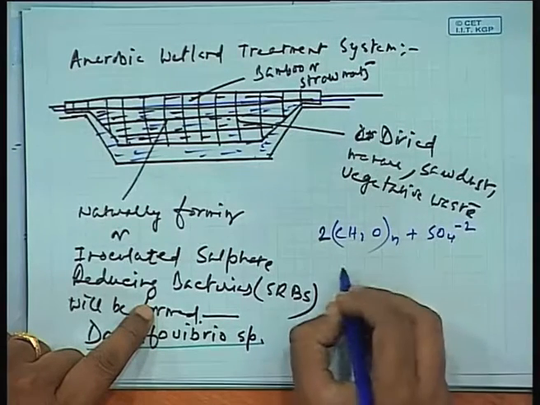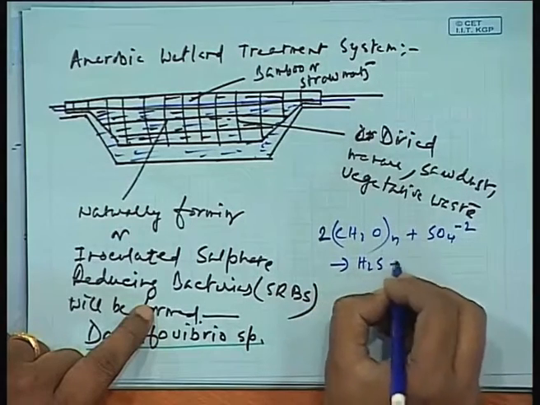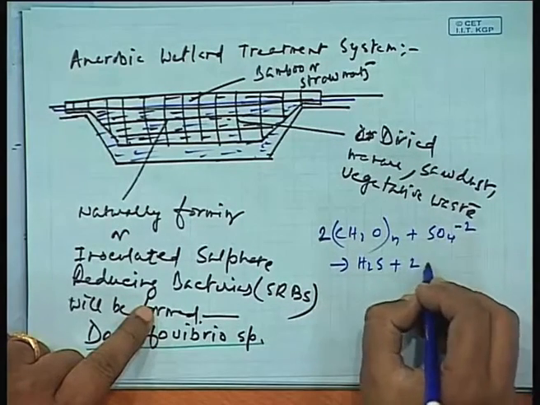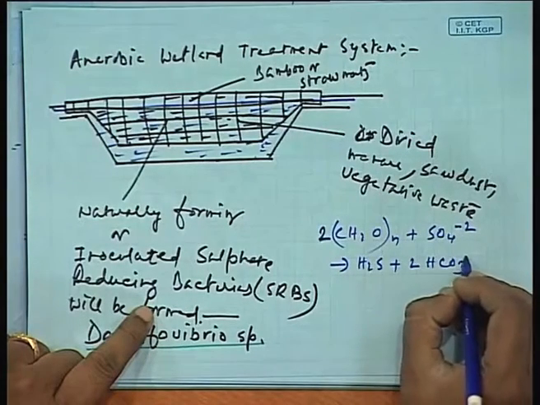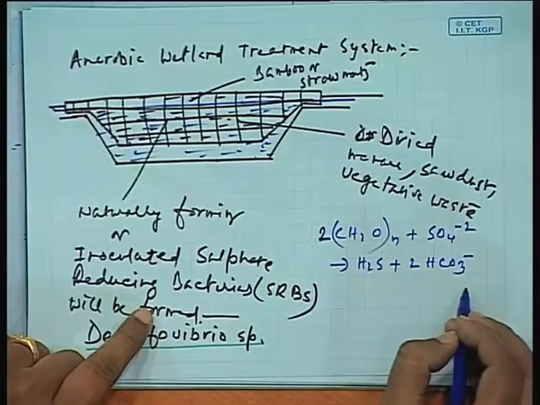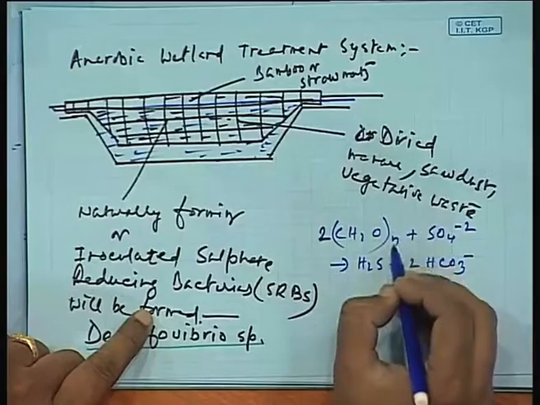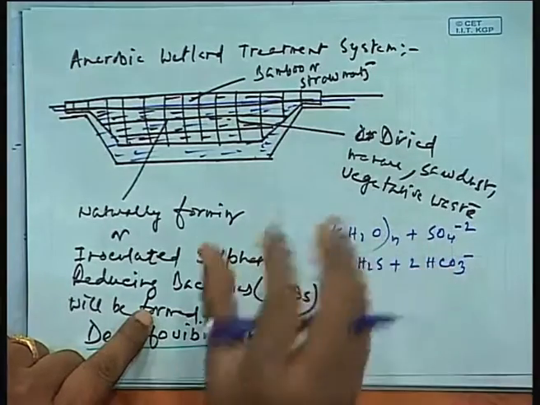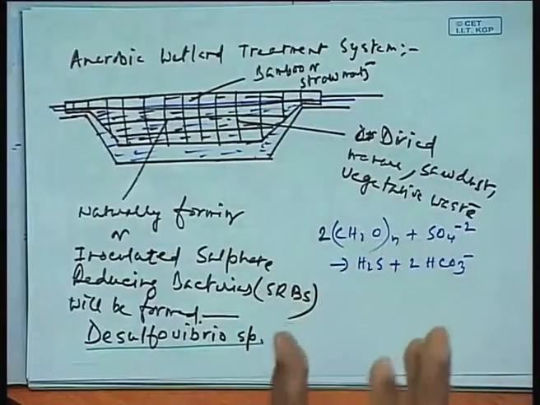This would finally form H2S plus 2HCO3-. The bicarbonate would be formed. Basically you can consider the N to be a single element: CH2O, CH2O, CH2O bonded, a large bond that takes place. You can consider it to be CH2ON.